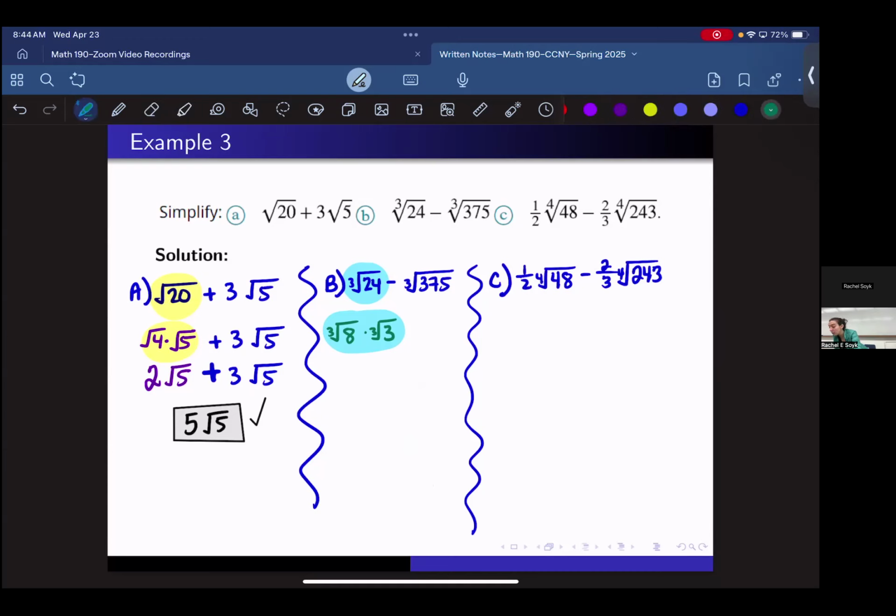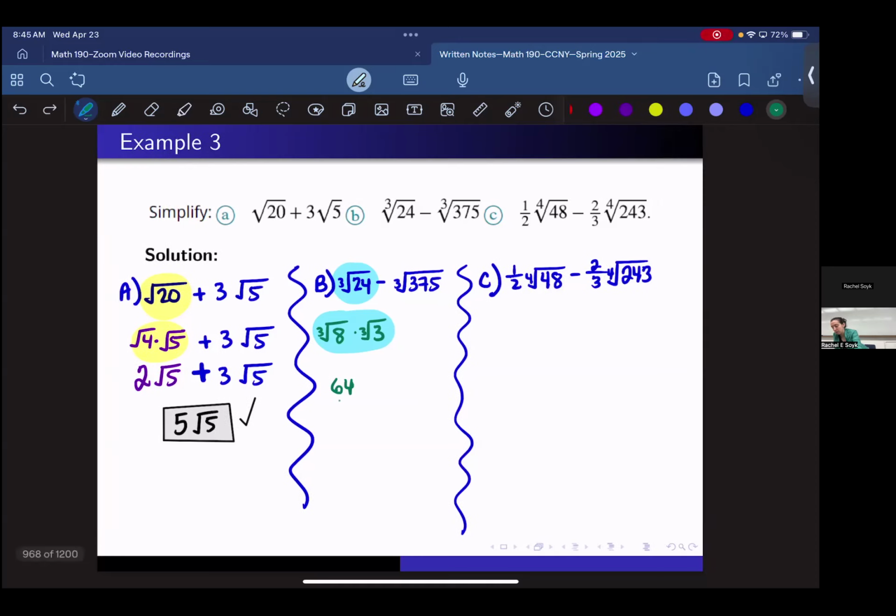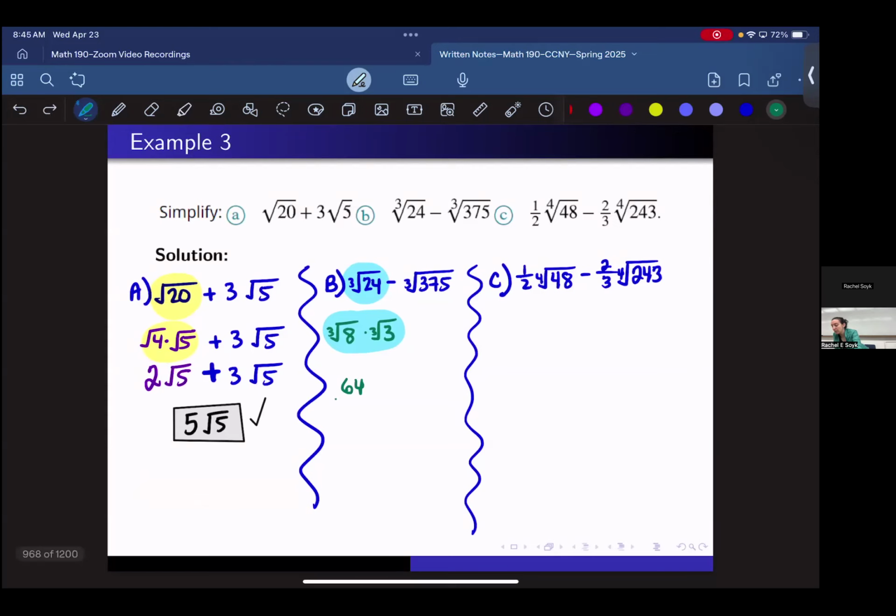Next number up, 4 to the third. 4 times 4 is 16, times 4 is 64. Does 64 go into 375? We can just do that by simple multiplication. 64 times 2 gives you 128. Then 128 doubled gives you 256. And if you add another 128 to 256, you end up going over, right?